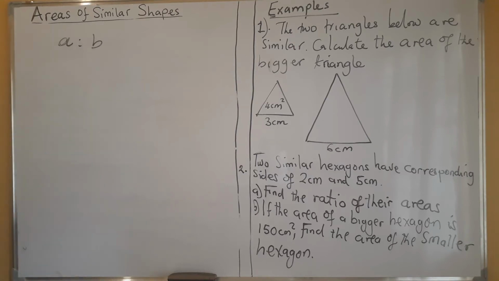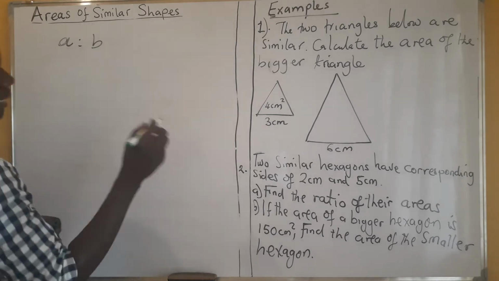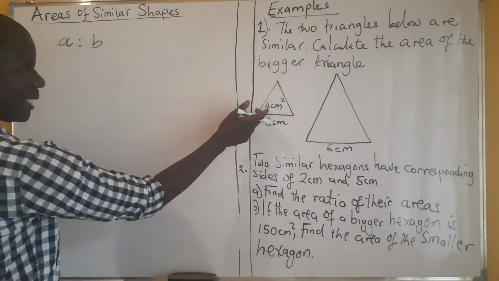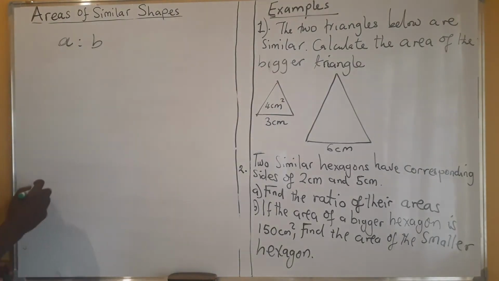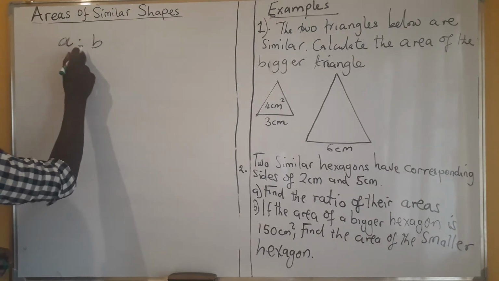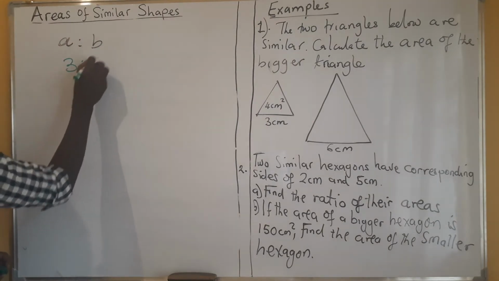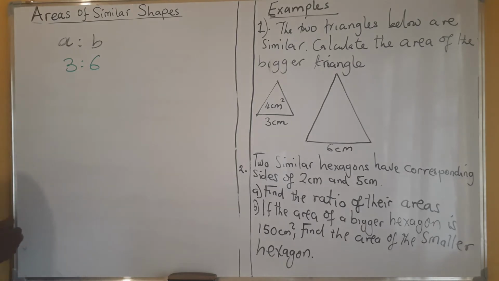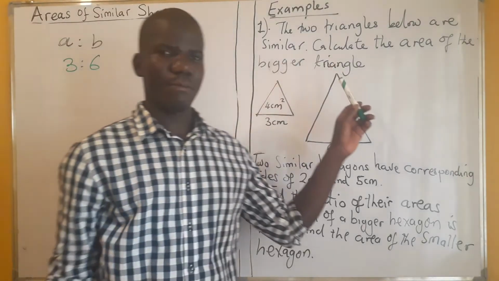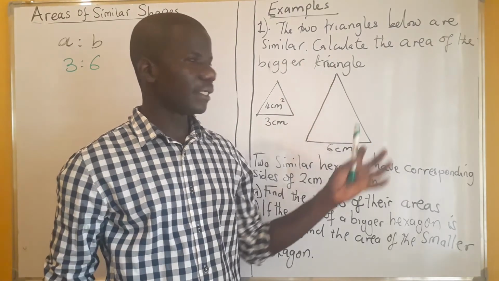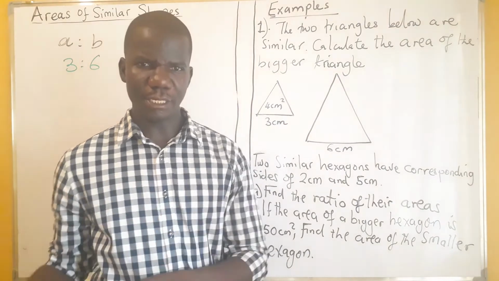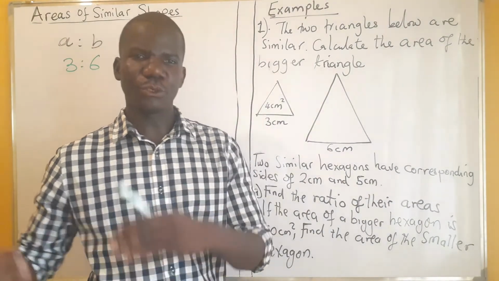Now, in this case, we are also given the area of the smaller triangle. So the ratio A and B, we have 3 and 6. Now, when we are dealing with area, it means we need to use the ratios of area.